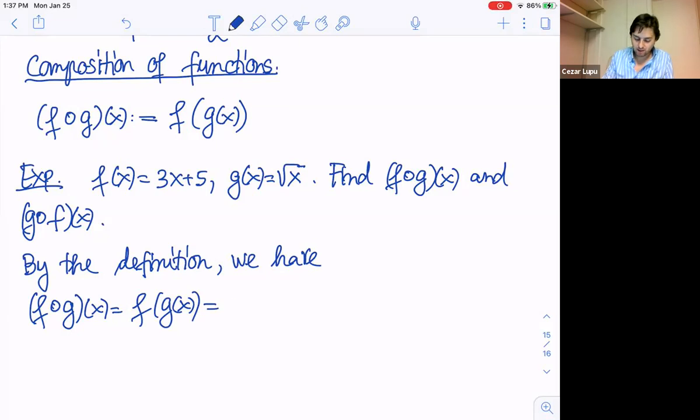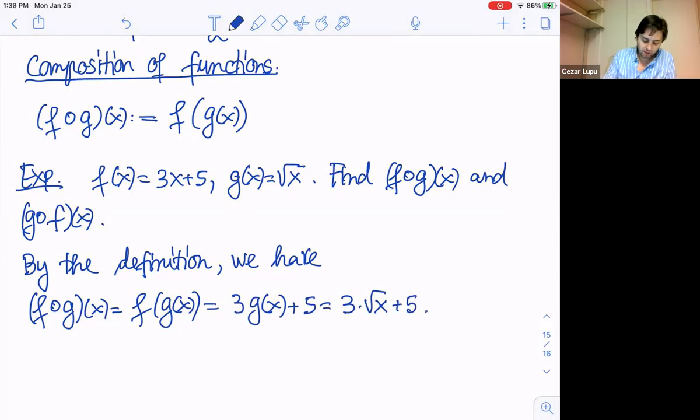So keep in mind who f of x is, it's 3x plus 5. So I'll have 3, and instead of x, I'll put g of x, plus 5. But g of x will be nothing else than the square root of x. So this will be 3 times square root of x plus 5. So that's f composed with g.